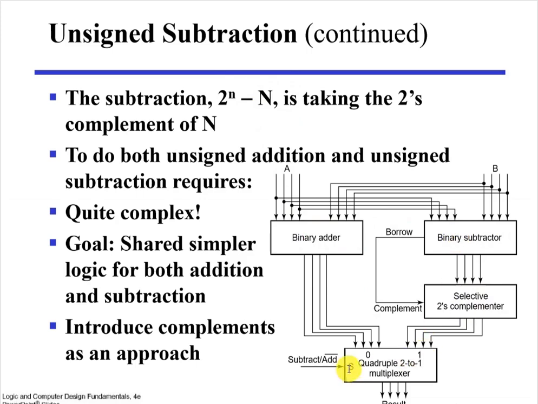It may also involve a multiplexer or combinational logic circuit. So this is a relatively complex circuit. Now the question is, can we simplify this adder-subtractor circuit for performing both addition and subtraction? Our next goal becomes to build a shared, simpler logic for both addition and subtraction. Simplification of this approach can be done through the so-called complementing approach.